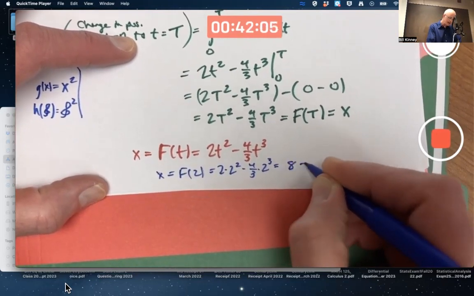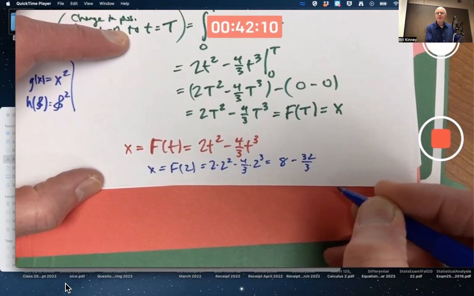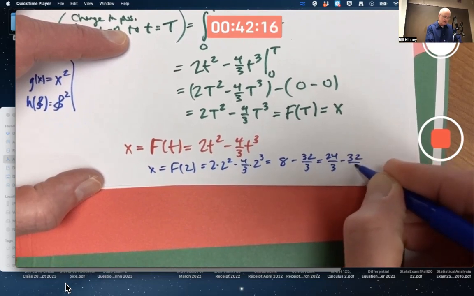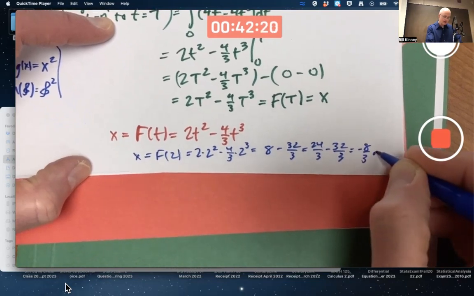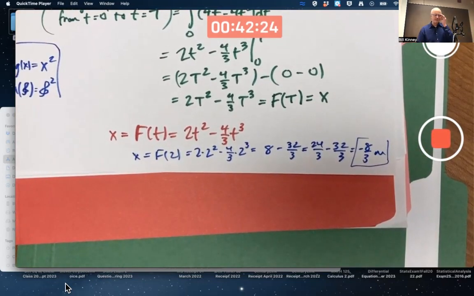That'll be 8 minus 32 over 3, I think. Double check that in my head. 8 is 24/3. Got a common denominator there. We get -8/3 meters, -2.67 approximately meters is the position at time 2.